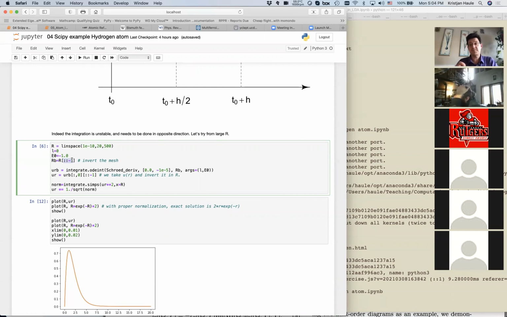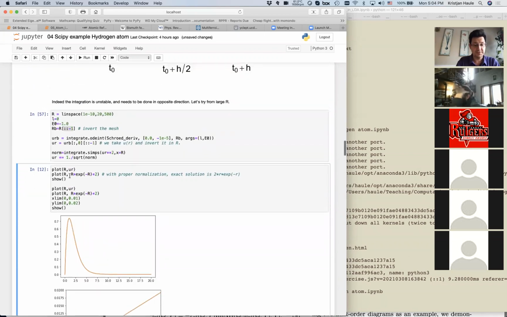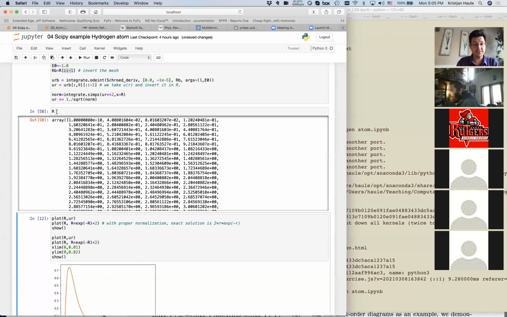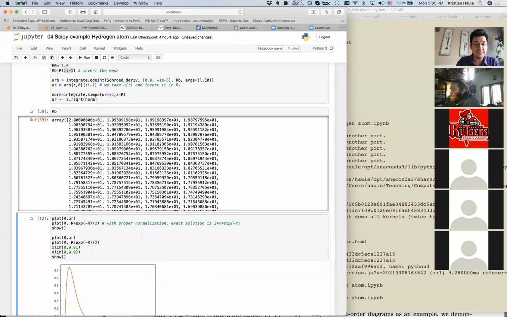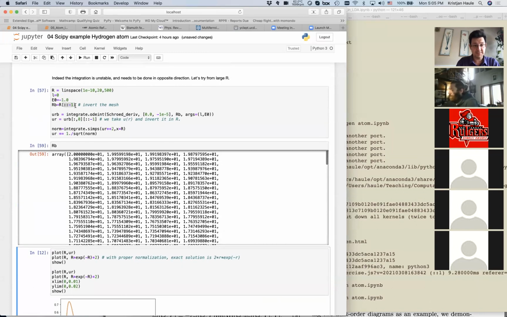And if you take step -1, it means you exactly reverse the mesh. Okay, so if we execute this, and then for example we check what is R, and we check what is RB, we will see that RB is exactly the reversed mesh from R. Because this -1 reverses the mesh.